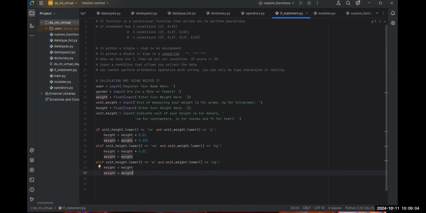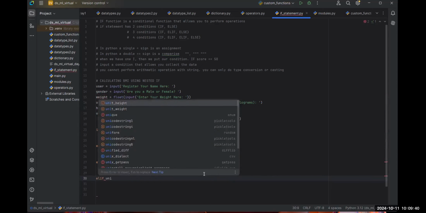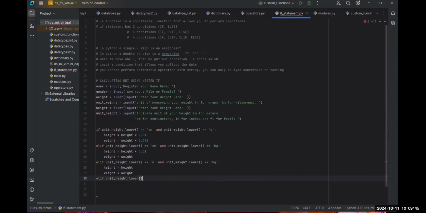Now, the next thing we are trying to do is from meter to gram. We have done centimeter to gram, meter to kilogram. Now, unit height dot lower equal to meter, unit weight dot lower equal to gram.